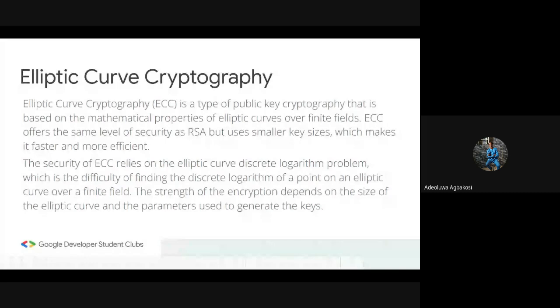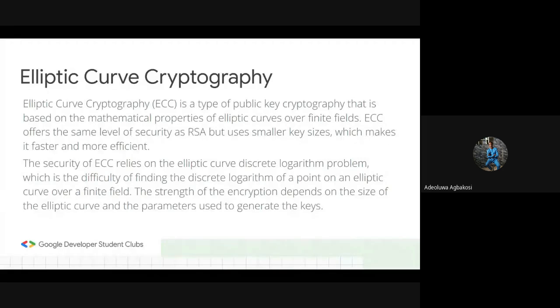In asymmetric key cryptography, we tend to be working with complex mathematical problems and the difficulty of solving them. In RSA, it is computationally impossible to find the factors of the product of two large prime numbers, and that is what RSA uses to encrypt and decrypt data.